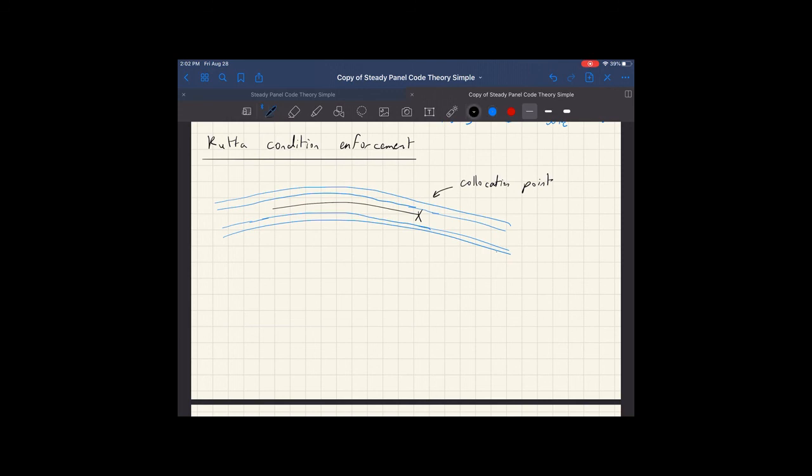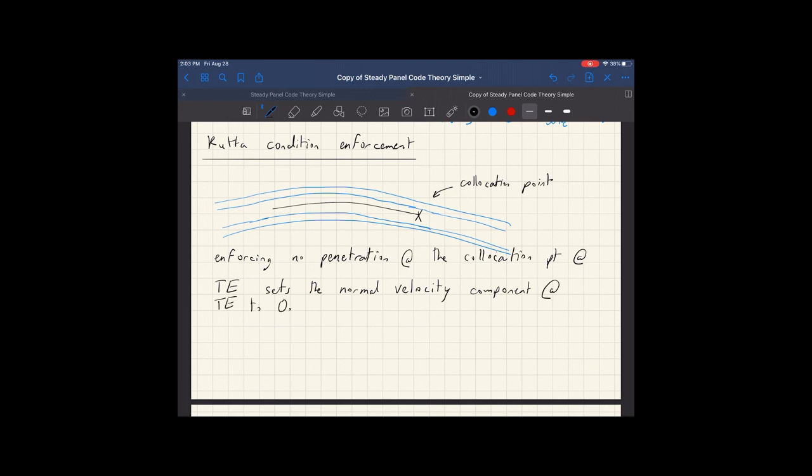So let us put this in writing. Enforcing no penetration at the collocation point at the trailing edge sets the normal velocity component at the trailing edge to zero.